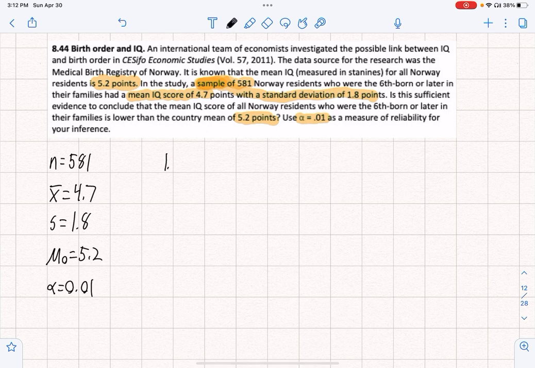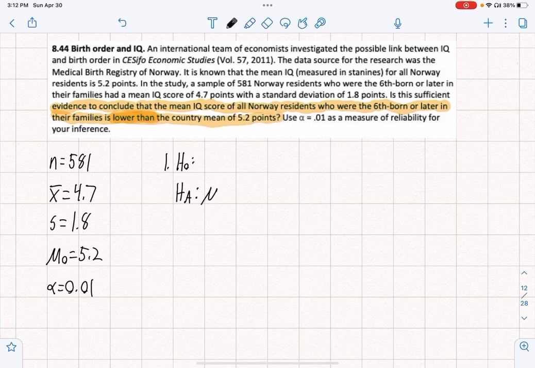Okay, let's start with our hypotheses. Let's start with the alternative, because that is our research question. Is there enough evidence to conclude that the mean IQ score for all Norway residents who are sixth born or later in their families is lower than the country mean of 5.2?